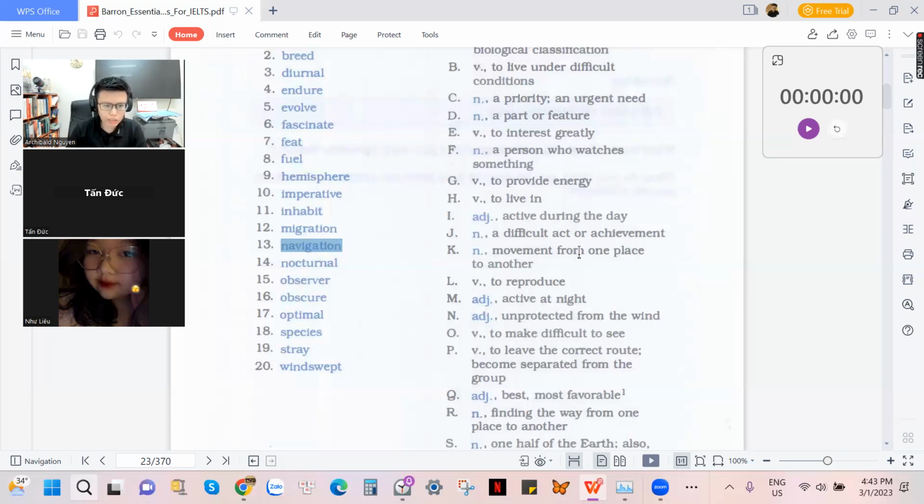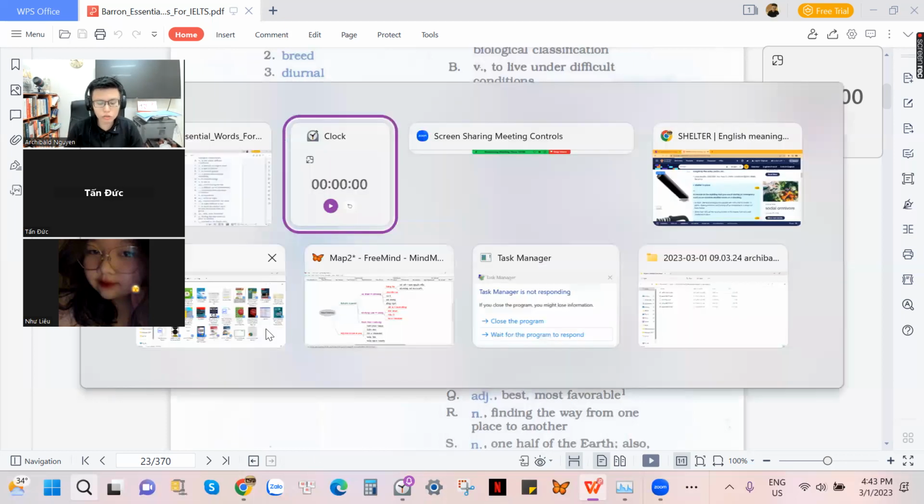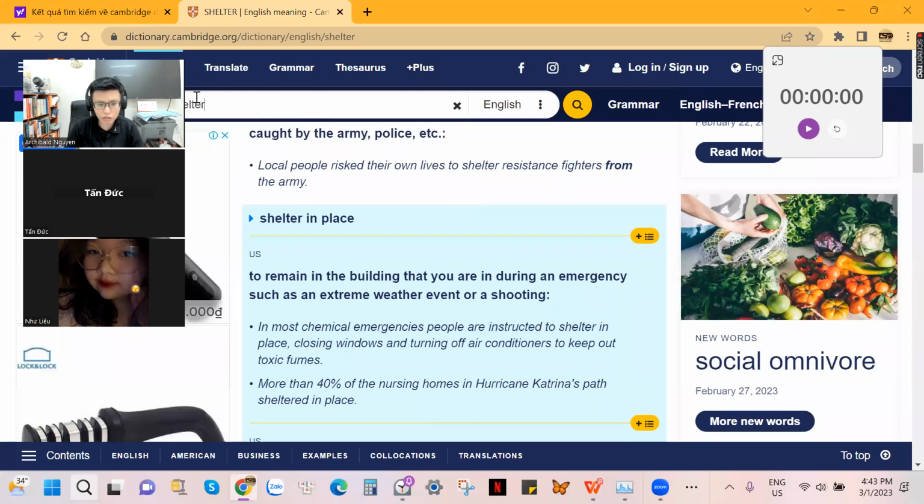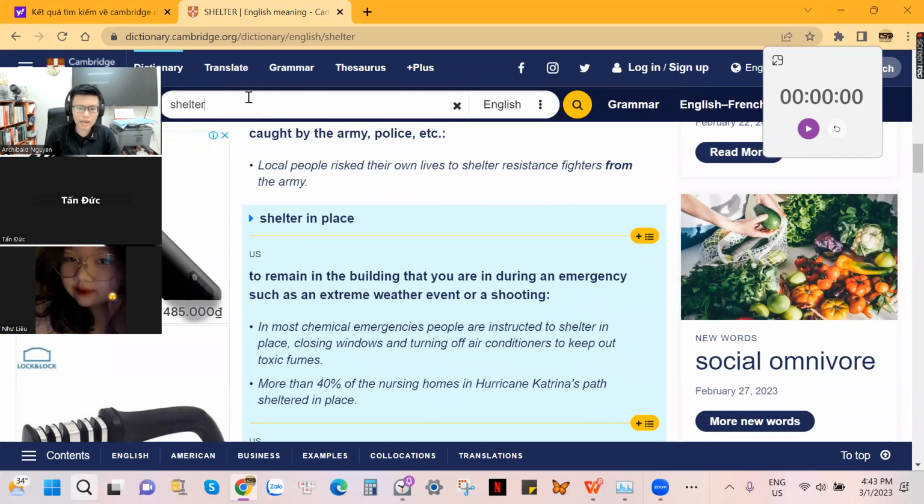Navigation, or I can use the action verb navigate. When you hear me speaking and you cannot get what kind of word I am using, you can use the Cambridge Dictionary on your laptop or on your iPad.